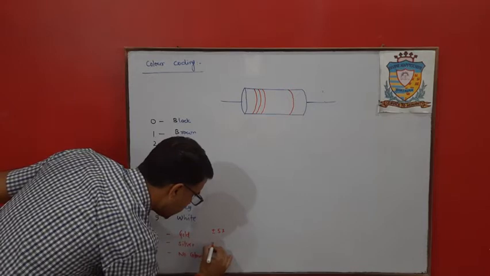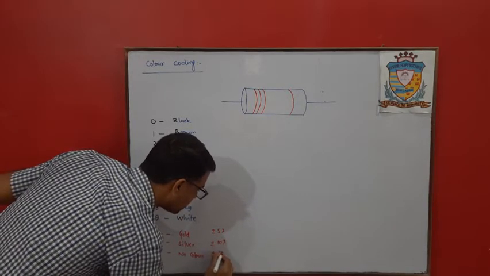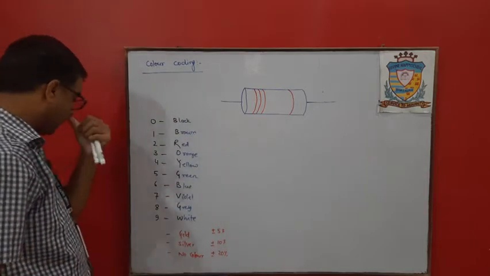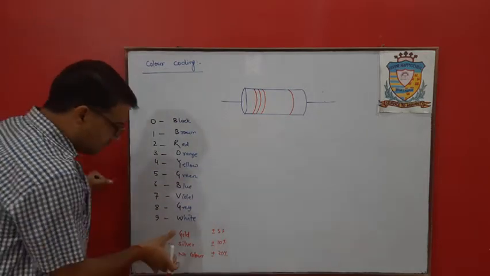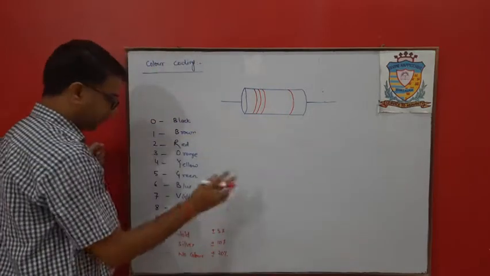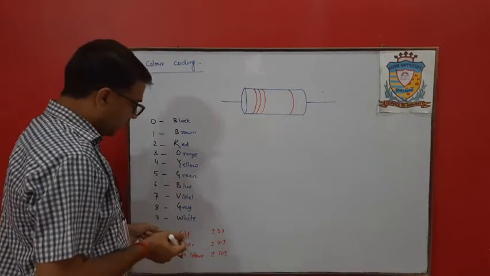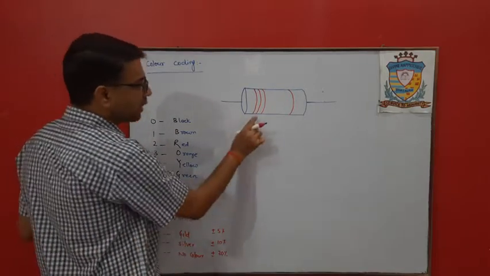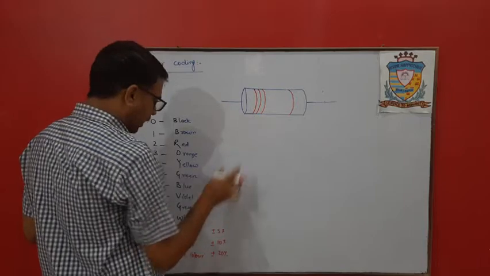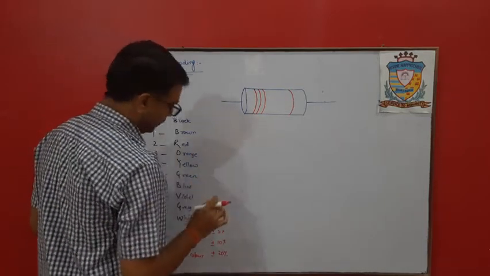For silver it is plus minus 10%. And for no color it is plus minus 20%. Okay. These three will appear at the place of the fourth line. In some cases you will notice that gold and silver will appear at the place of the third. These three will never appear at the first and second places.